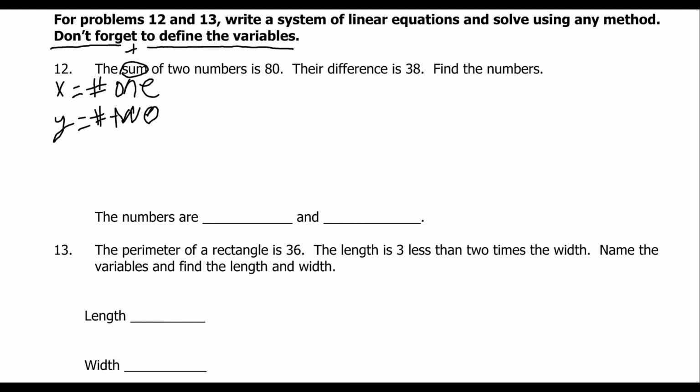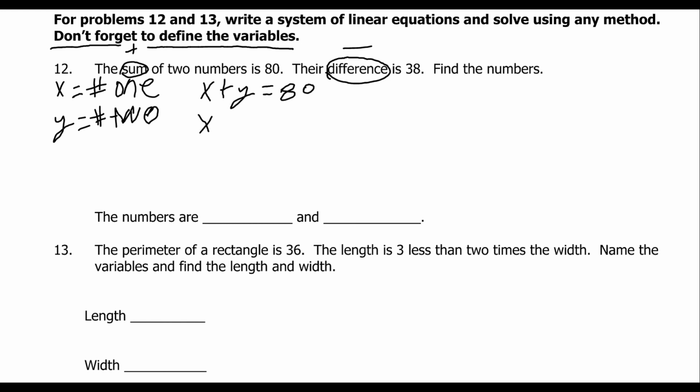All right, now it says their difference is 38. And when I see difference, my brain instantly just goes pop. Now I see a minus sign. Okay? Now, it says the sum of these two numbers is 80. So I say x plus y equals 80. And then it says that their difference is 38.